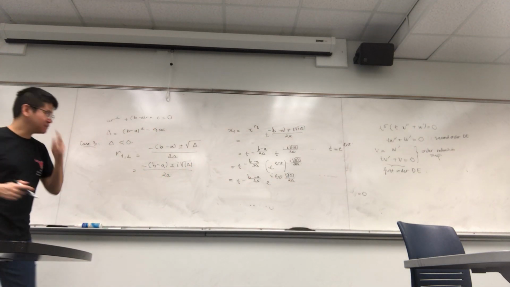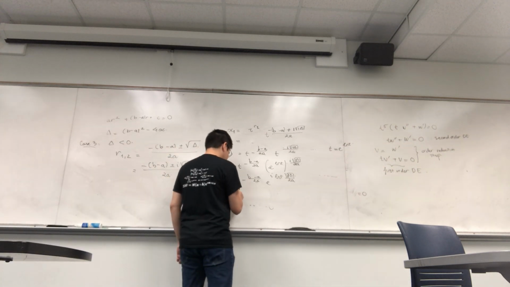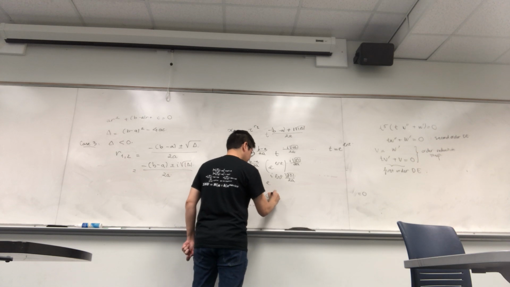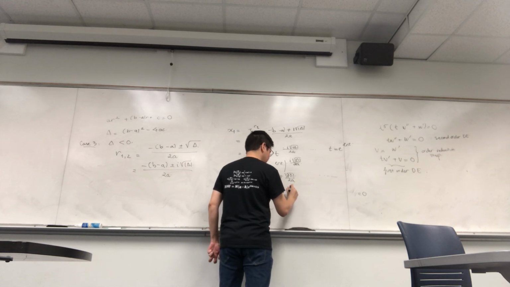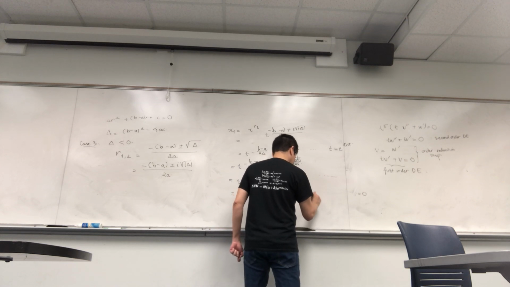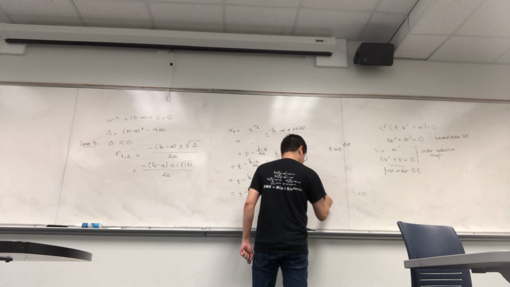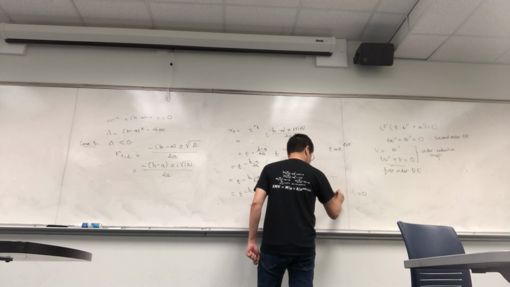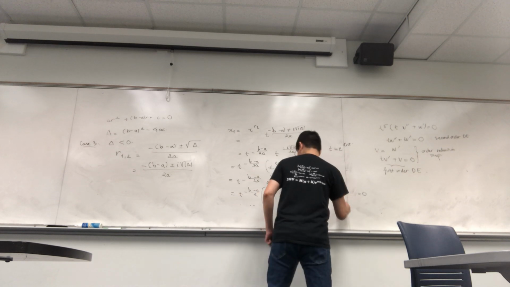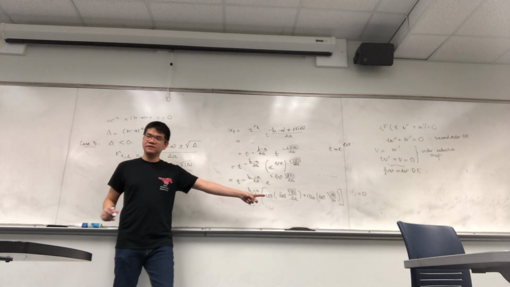So here you have t to the minus (b minus a) over 2a times cosine of log t square root of delta over 2a plus i sine of log t square root of delta over 2a. This is the Euler formula.